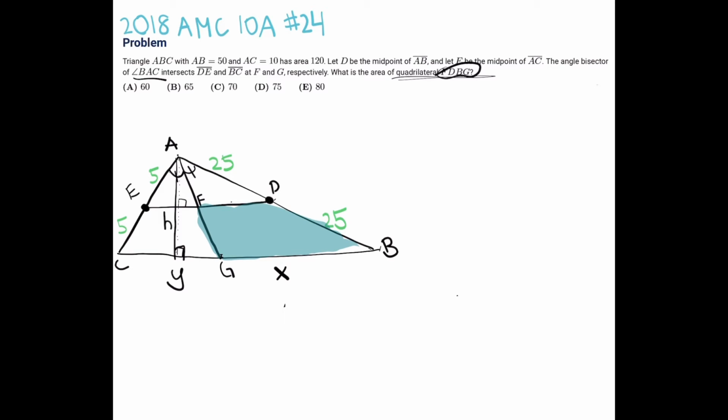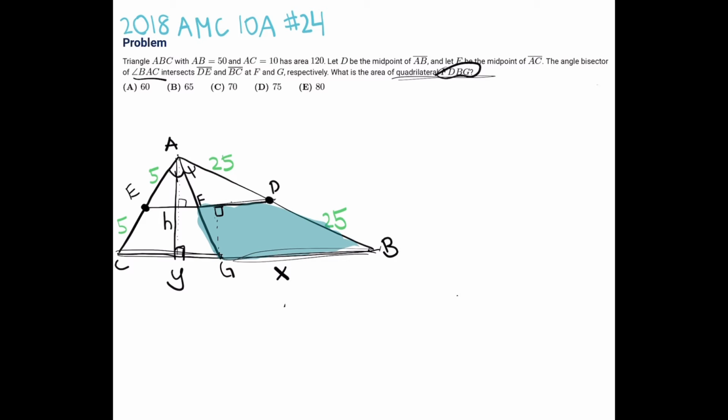Okay, so now let's actually tackle this problem. Here I drew the height. I have length BG equals X and length GC equals Y. Again, our goal is to find the area of quadrilateral FDBG. Okay, so first off, let's keep in mind that the area of this quadrilateral is going to equal the height times this length plus this length divided by 2.